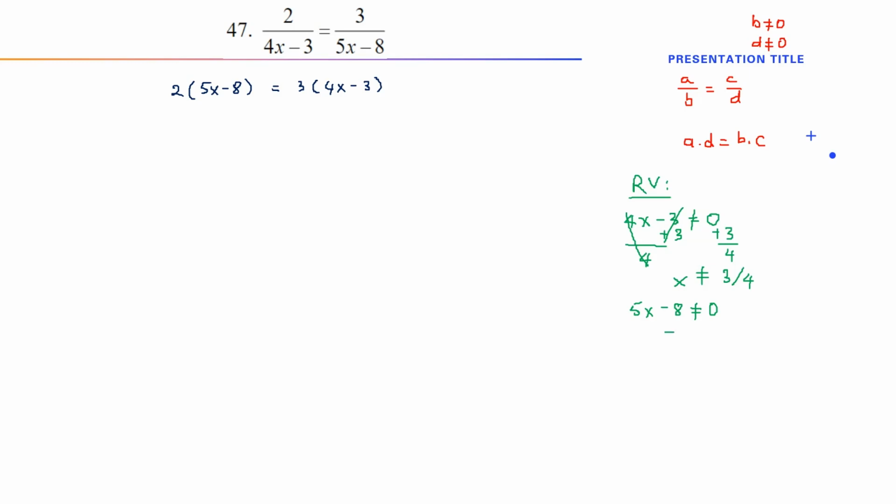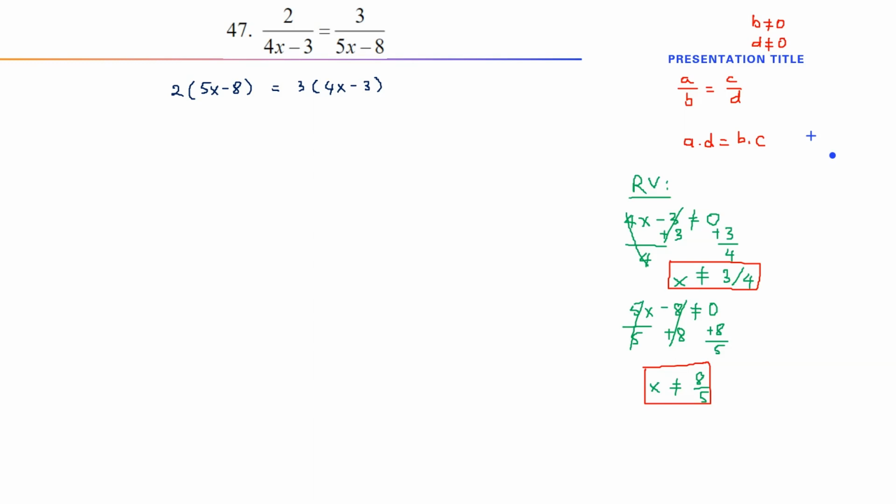Similarly for the other one, we have 5x minus 8 different from 0. We add 8 to both sides. Then we divide both sides by 5. x is different from 8 over 5. And remember these two restricted values, so we can check our answer at the last step.